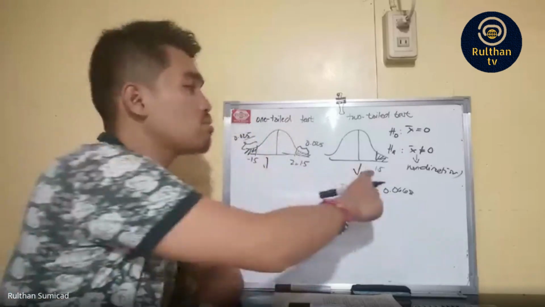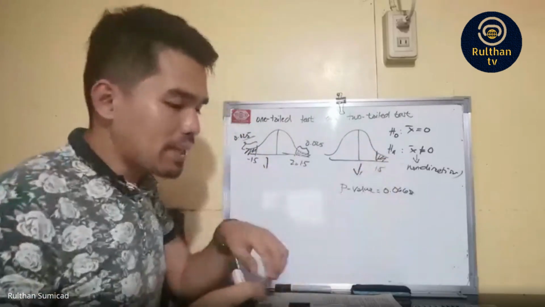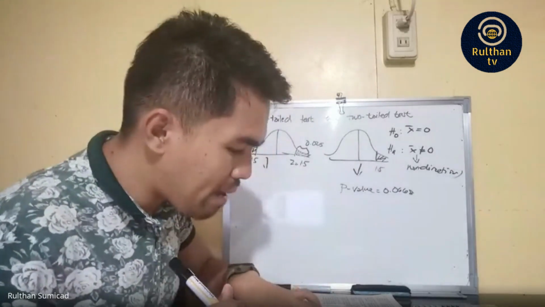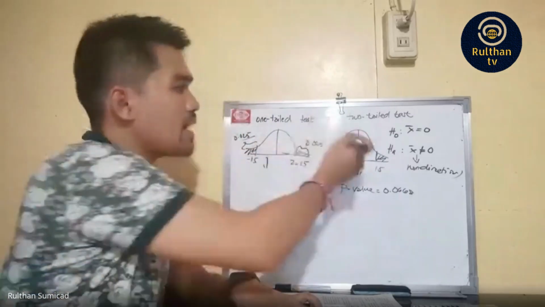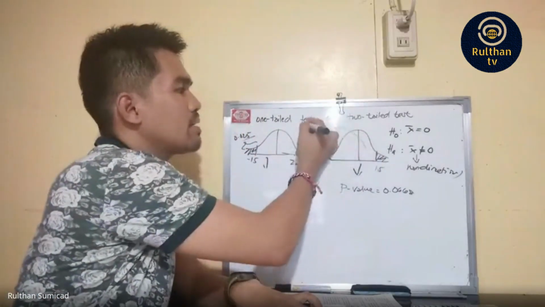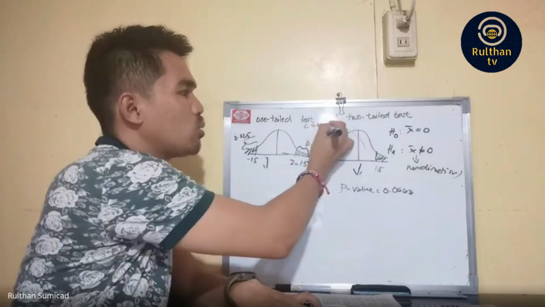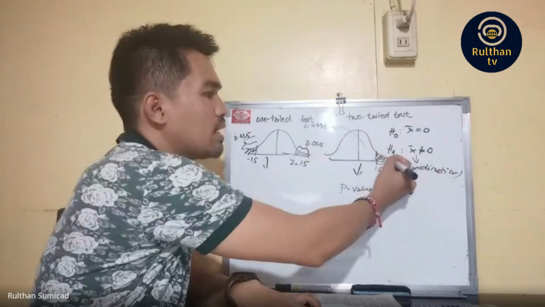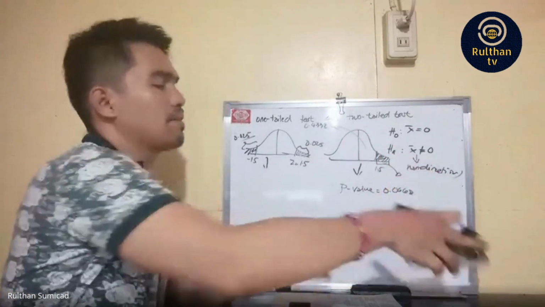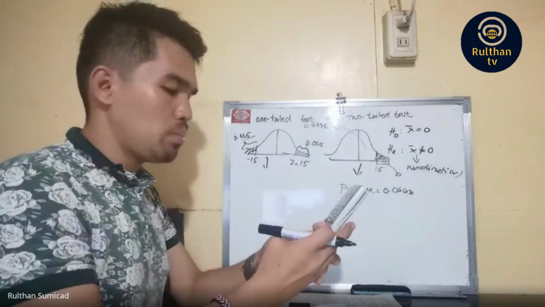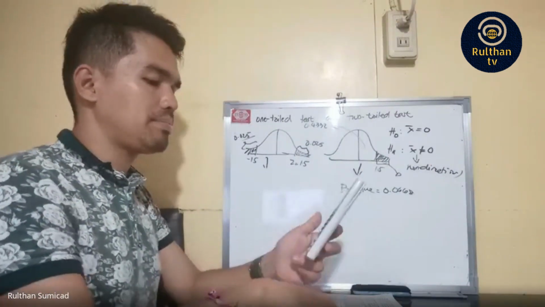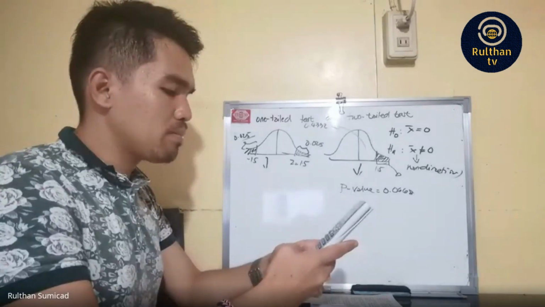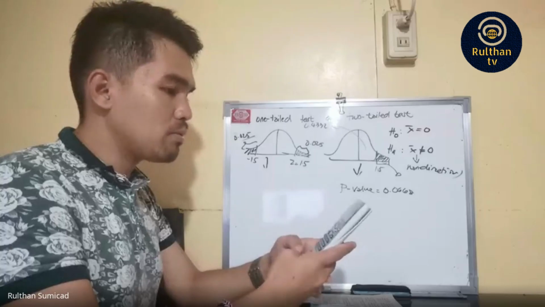Now let's look at this one. If this is 1.5, then looking at our table, 1.5 is this area here, which is 0.4332. So that means the area of rejection here, the probability here is, what's that? 0.5 minus 0.4332.